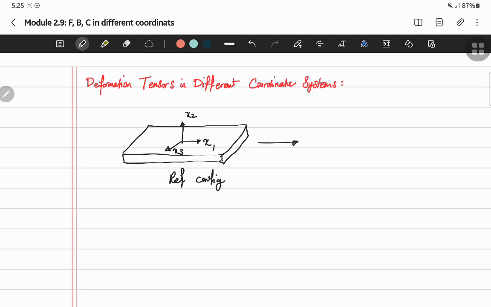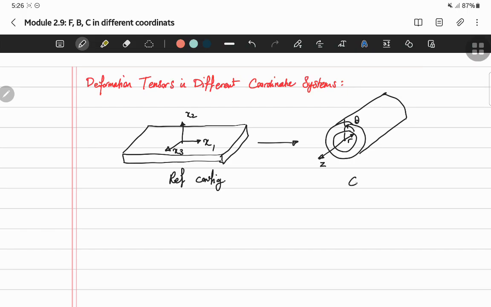Suppose that you roll this plate to become a cylinder like this. And here it's better to use the cylindrical coordinate system. Here you have z, then we have r, and suppose that theta is increasing in this direction.